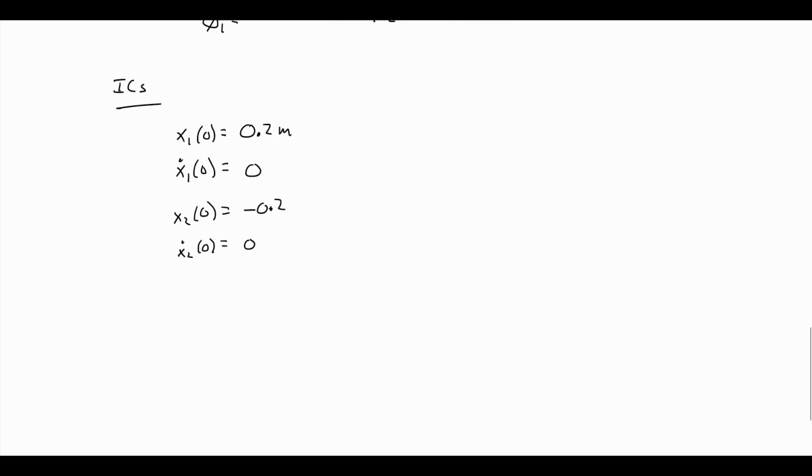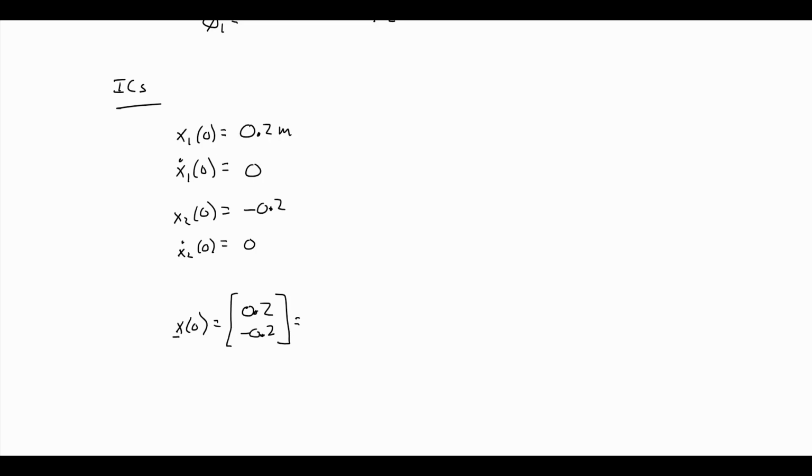So these translate to our 4 algebraic expressions. For the first one, we can actually write these in vector form, which will be easier. So for our positions, our x of 0 is 0.2 and negative 0.2.